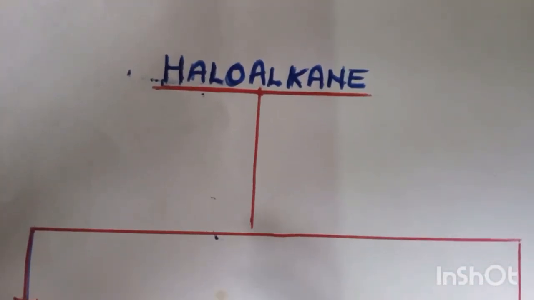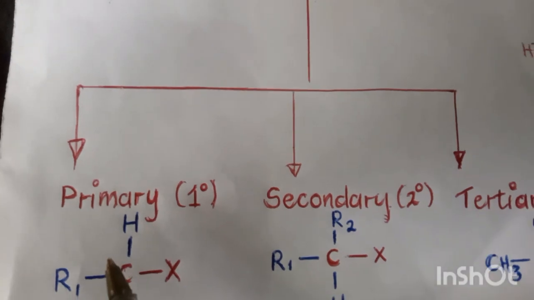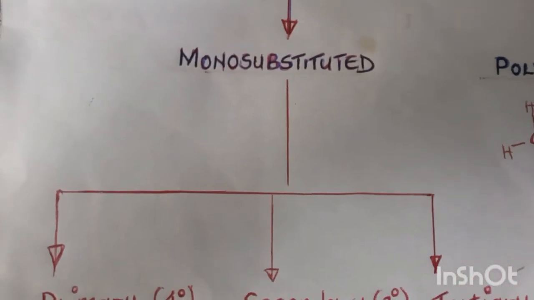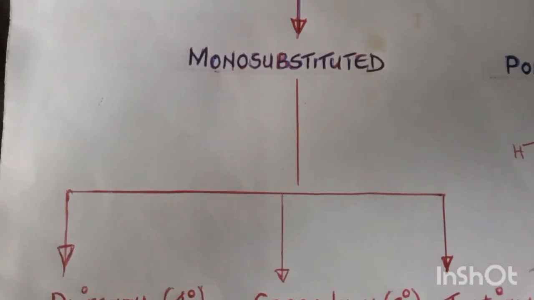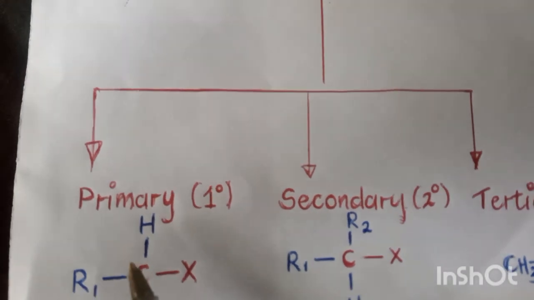So now these monosubstituted haloalkanes, those that I've said contain only one halogen atom in their molecules, are further divided into three groups.